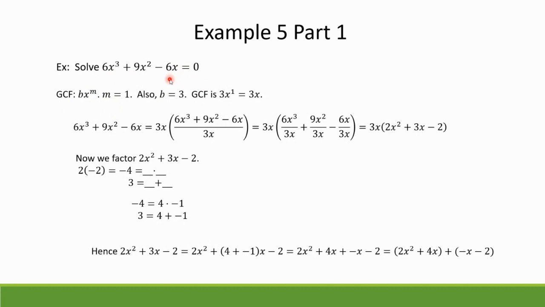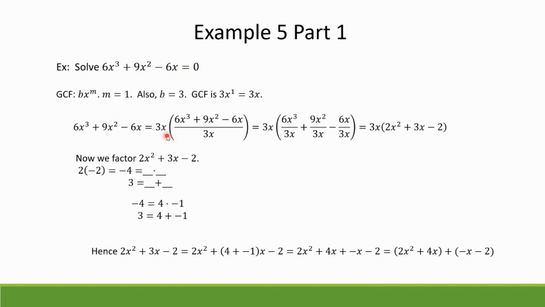Well, actually, no, just 6, I guess. No, I'm sorry, negative 6, I was right. You can list the factors of it, but the greatest common factor is 3. You would just see that. So b would be 3, and our GCF then would be 3 times x to the first, which is 3x. So we get 3 times x as our GCF.